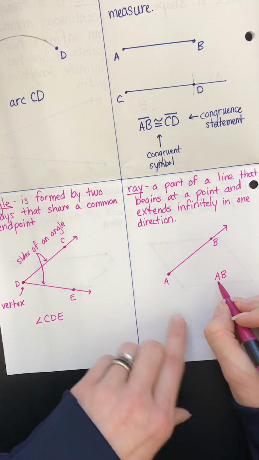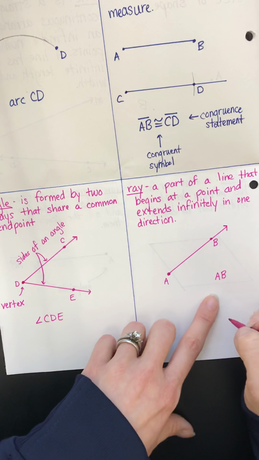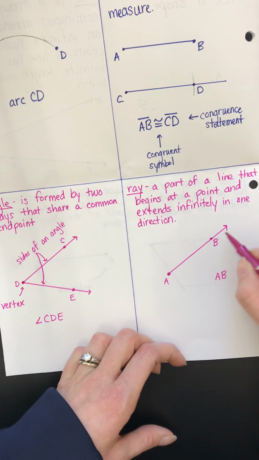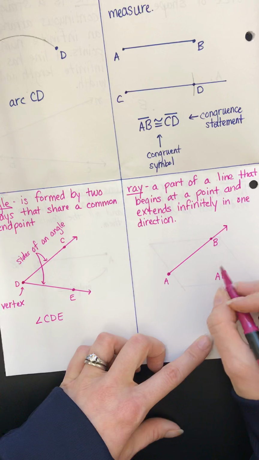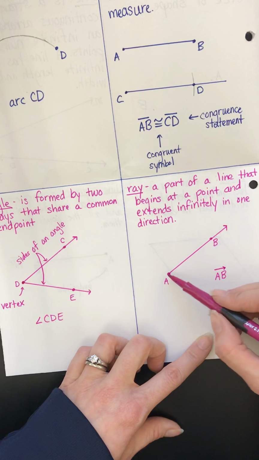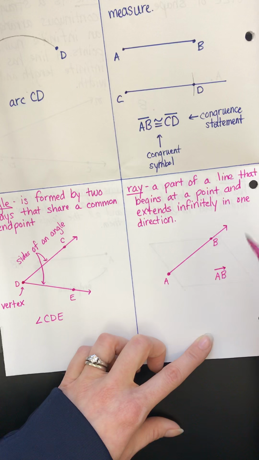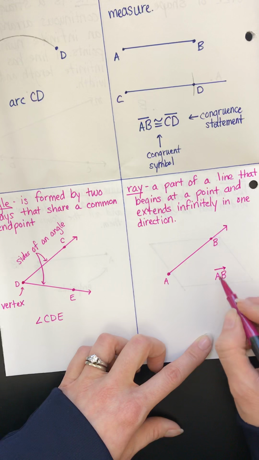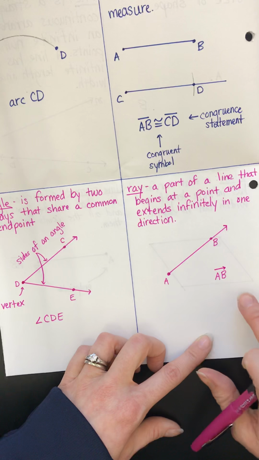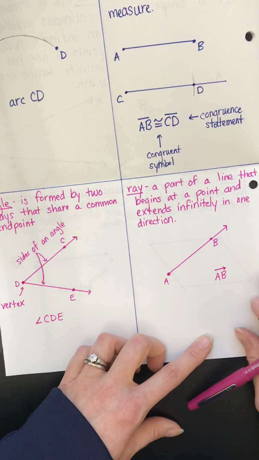Now you want the first letter here, A, to be your endpoint, and B to be a point on that ray. And then we're going to put this line above it, but it is only going to have one arrow. And it's going to point in the direction that it goes here. See, it goes from A to B infinitely. So we want our ray above our AB to be pointing in that same direction. So this is how we name our ray.